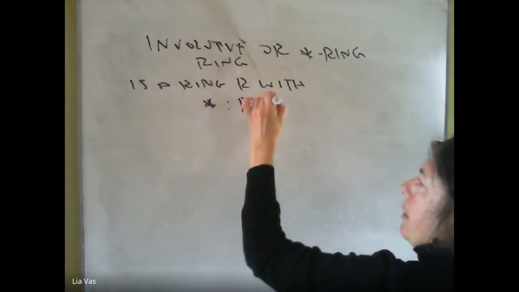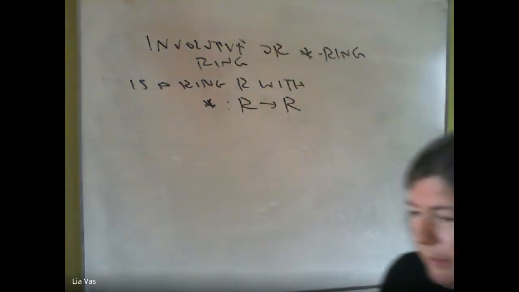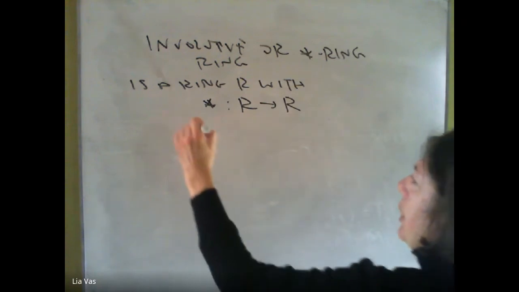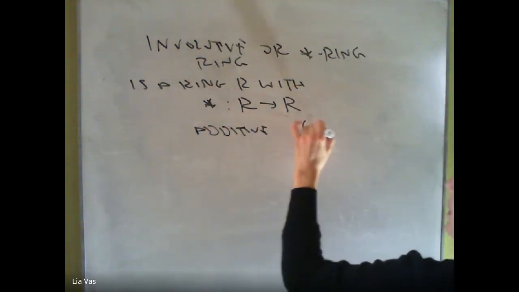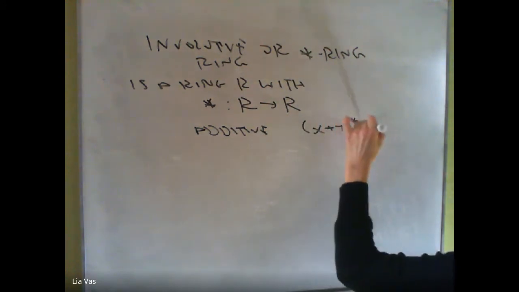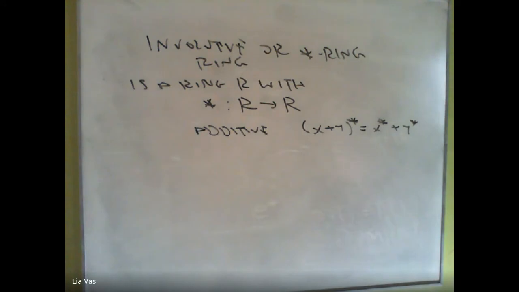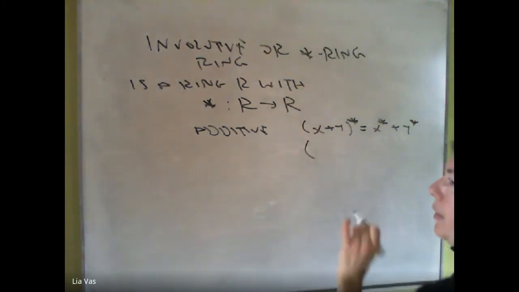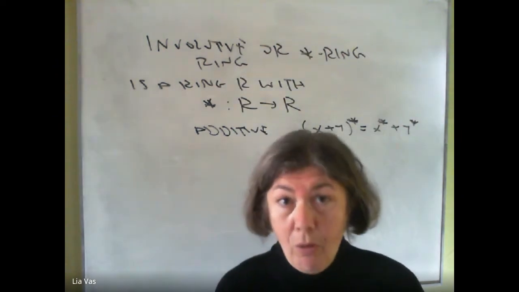Unary means that it maps R to R, that's the unary part of it. And you want it to be additive. What does that mean? That means that (x plus y) star is x star plus y star.